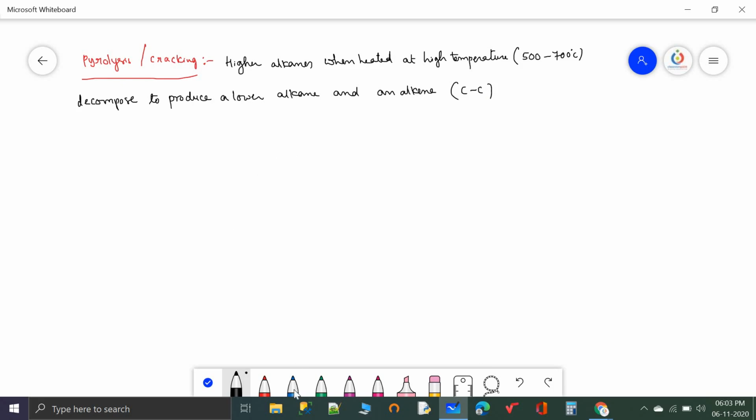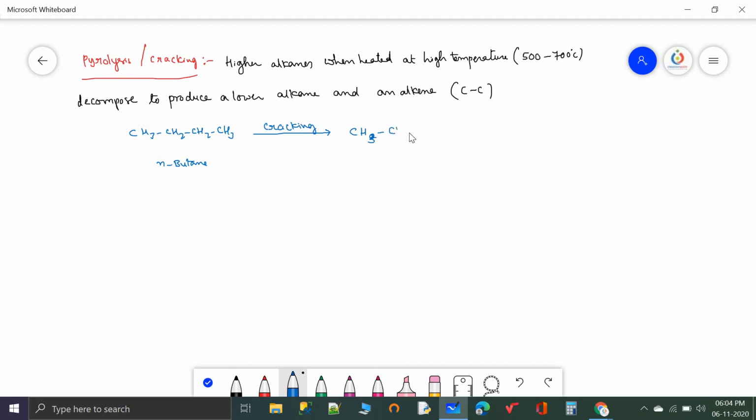So this pyrolysis indirectly we have discussed, so that's why I'll take one or two examples here. If you take the butane molecule, this is n-butane. When it is subjected to the cracking, then there is a breakage of the bonds, what we have discussed earlier. So it may be a carbon-hydrogen bond or it may be a carbon-carbon bond.